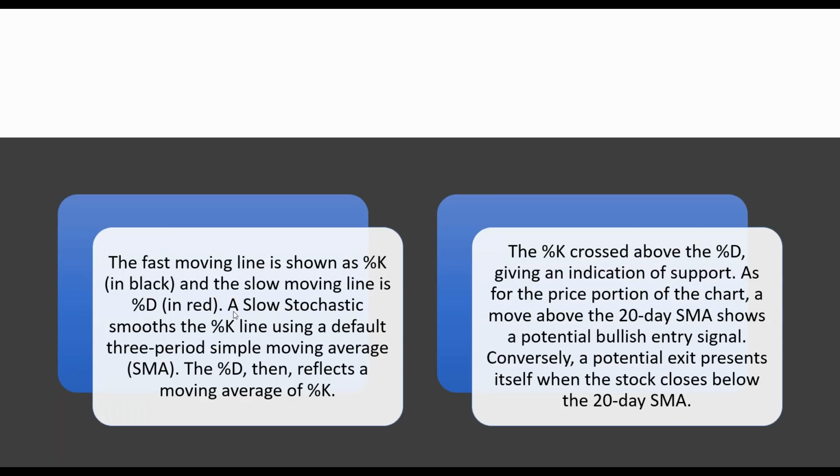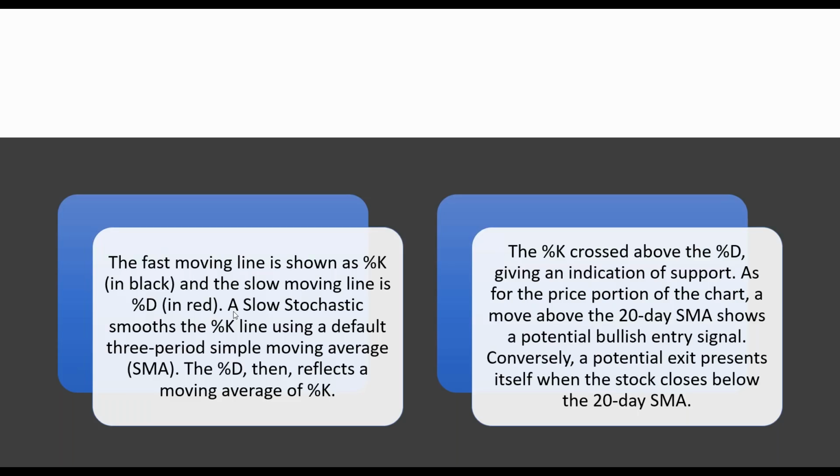Now, in order to understand the difference in slow and fast, the longer the period, the slower the reaction is. The slow stochastics would be the larger period, where the short stochastics would be the faster period.